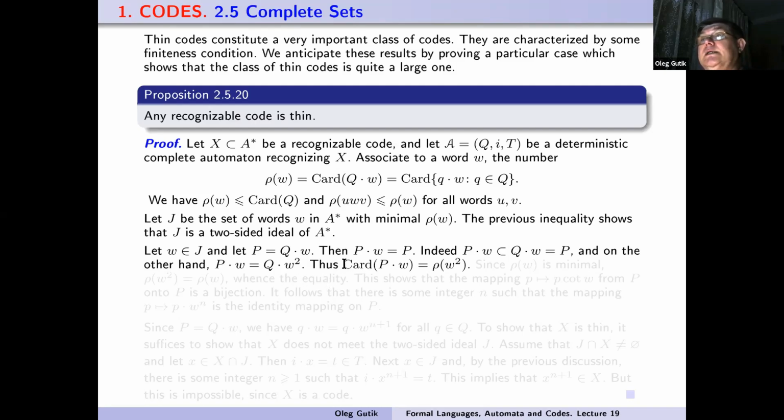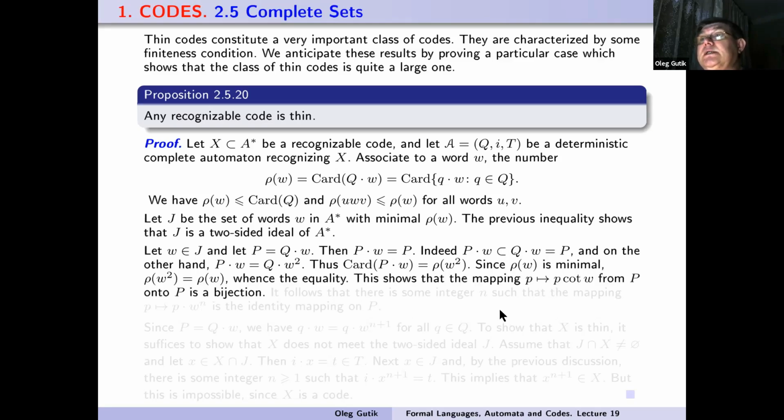Therefore, we get that the cardinality of P multiplied by w is equal to rho of w squared. Since rho of w is minimal, we get that rho of w squared is equal to rho of w, hence the equality.